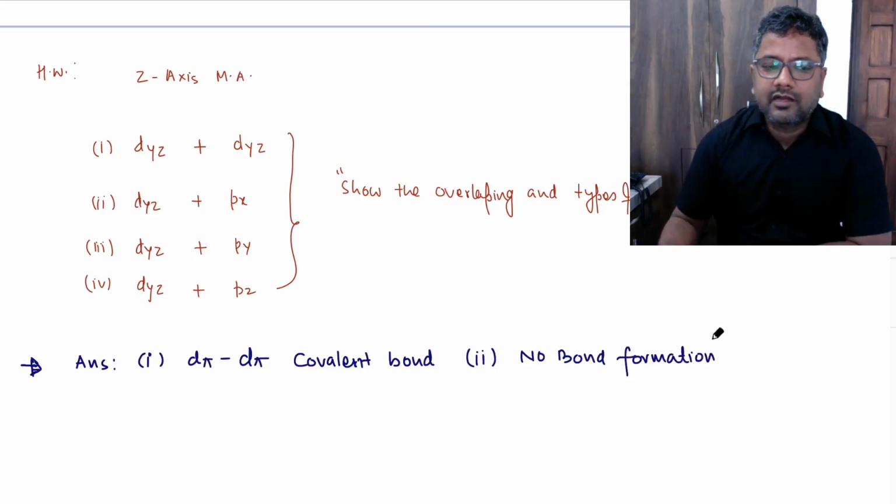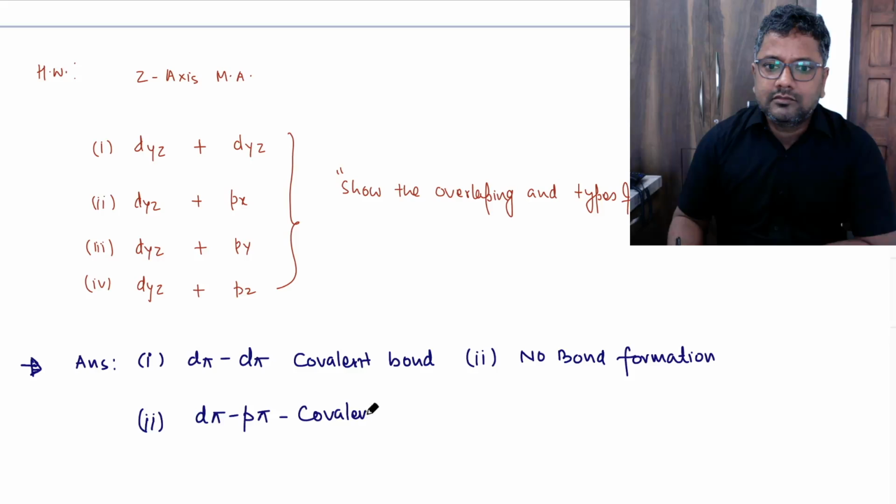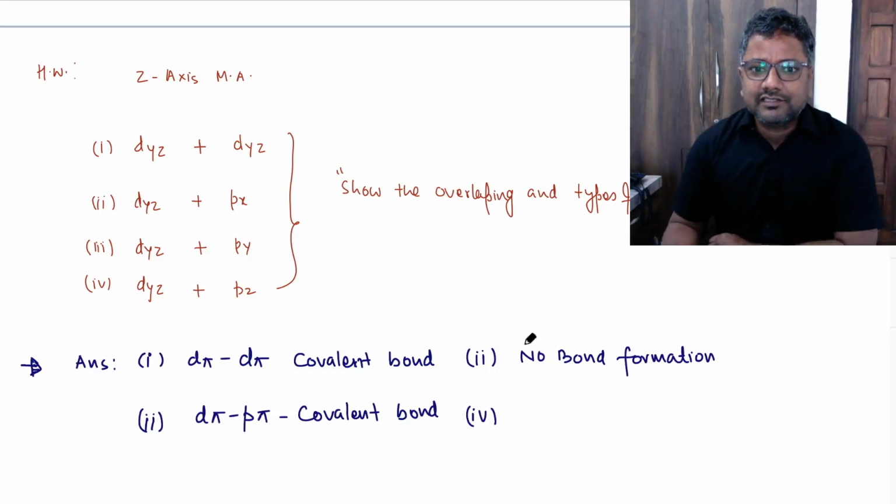This is a symmetry forbidden overlapping. In the third case, YZ and Y, so d pi p pi bonding, a p pi covalent bond. And the fourth one, DYZ and PZ, and the Z axis is the molecular axis, so there is no bond formation.